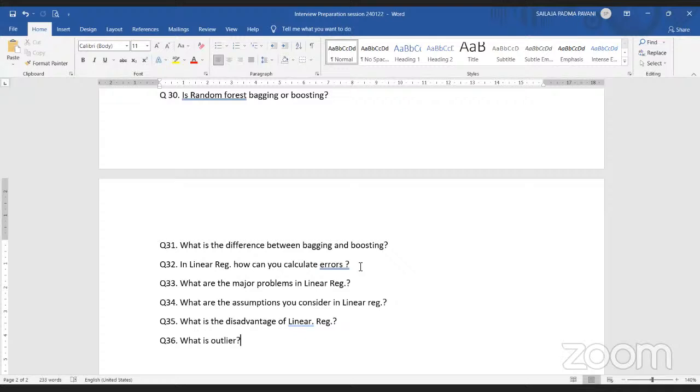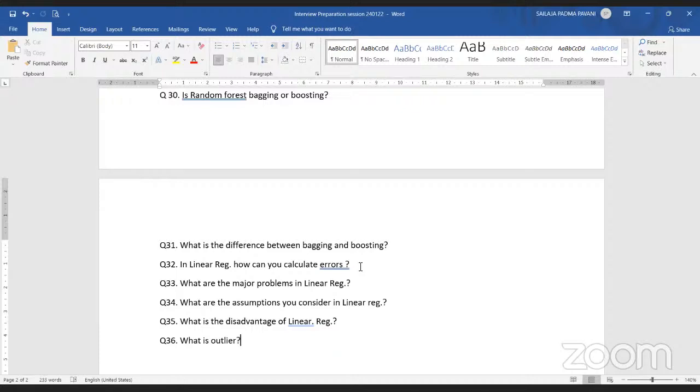And also it is very important to detect the presence of outliers. That's why we can say that linear regression is very sensitive to outliers.